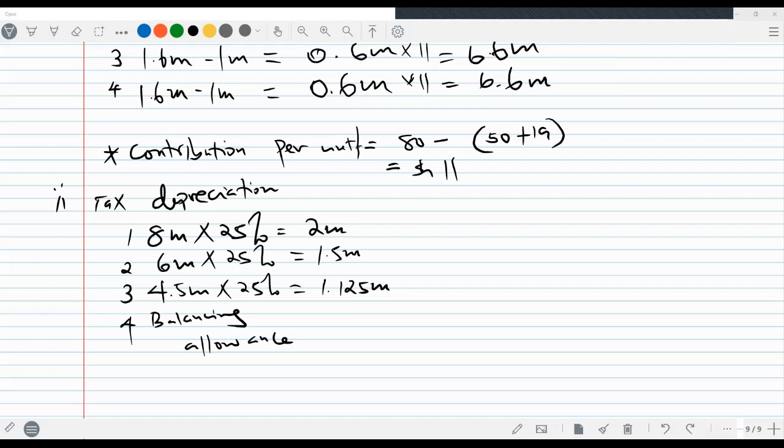How much can it produce? The old machine can produce 1 million. The new machine can produce a maximum of 600,000. Therefore, the two combined, what is the maximum production? 1.6 million. Okay.